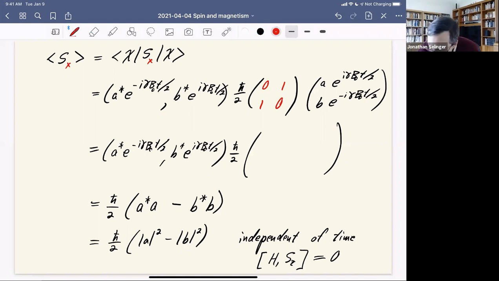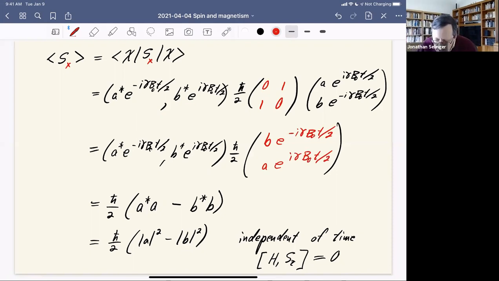So that makes B e to the minus I gamma B naught T over 2. On the bottom, I have 1 times the A thing plus 0 times the B thing. So A e to the I gamma B naught T over 2.